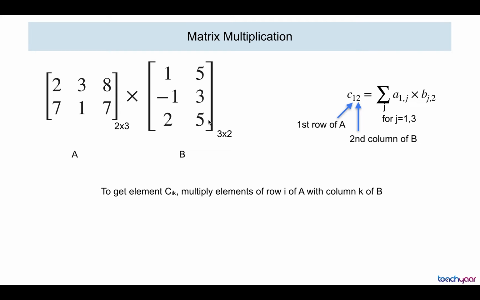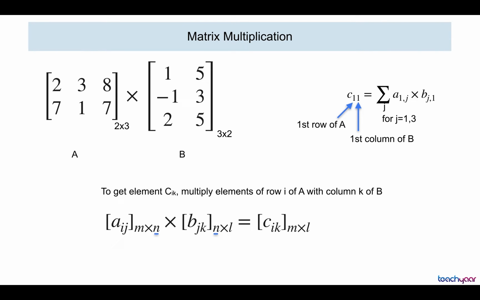If you take a general case, and I'm using the same matrix as example, to get the elements Cik, multiply the elements of row i of A with the elements of column k of B. Okay, why do I use i and k instead of i and j?